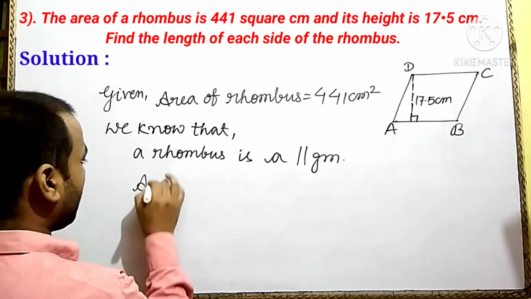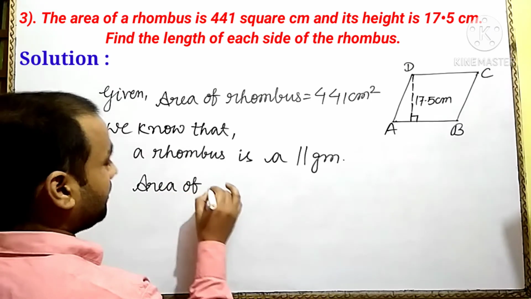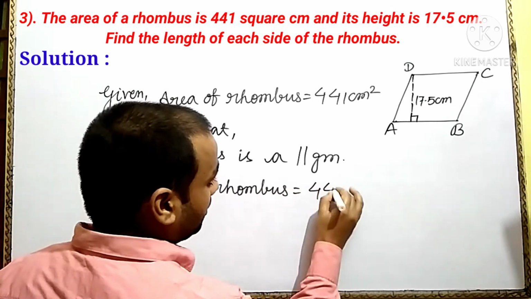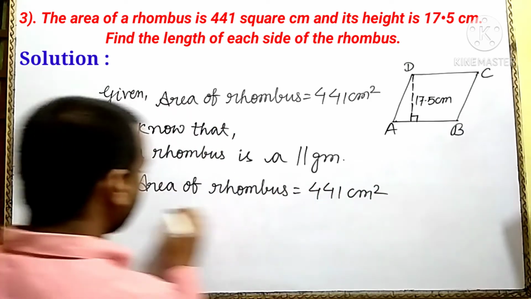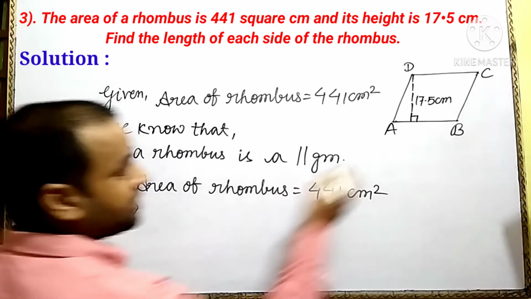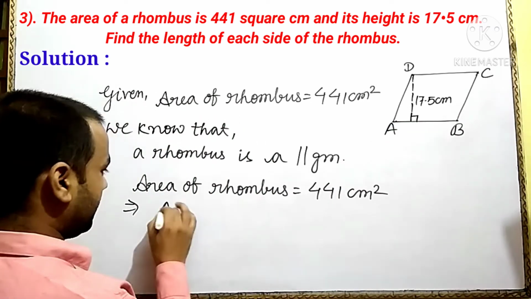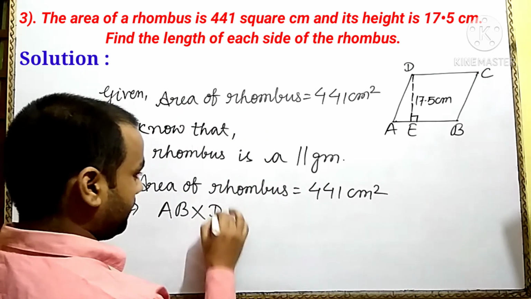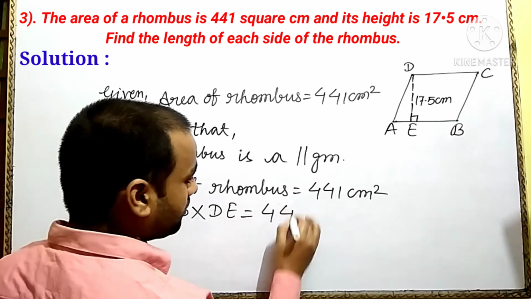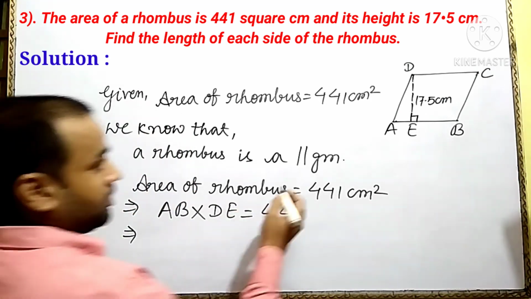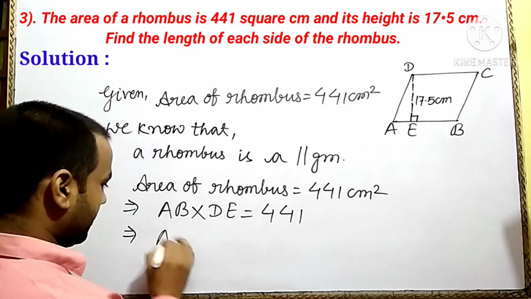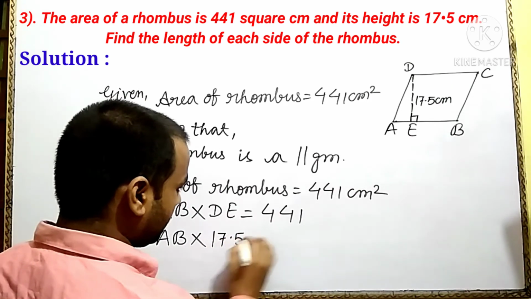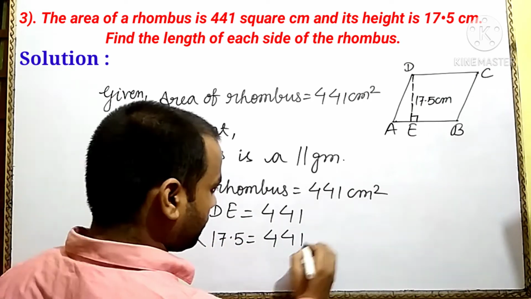Here area of rhombus means area of parallelogram. We know that area of parallelogram is equal to base into height. Here base is AB, and the corresponding height given here is DE. So AB, not given, into DE, which is given as 17.5, is equal to 441.